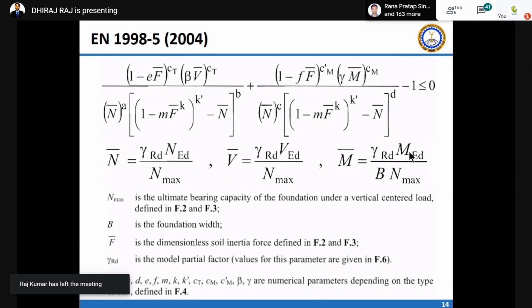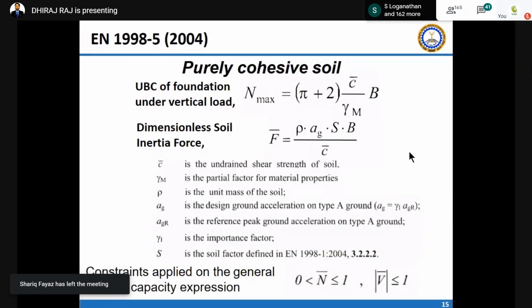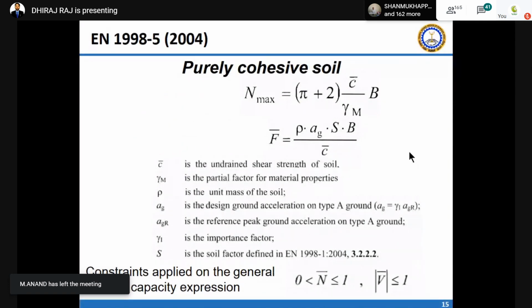Apart from that, you have small a, b, c, d, e, f, a lot of numerical parameters, which I will show you where to get from. From this equation, you have to check whether your foundation is stable or not under any complicated forces. So for purely cohesive soil, first you have to define Nmax.